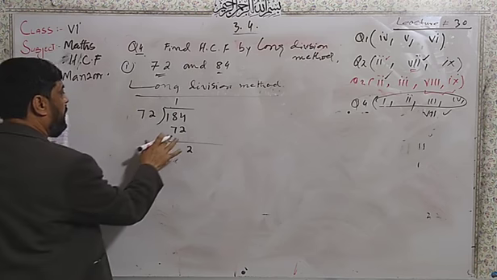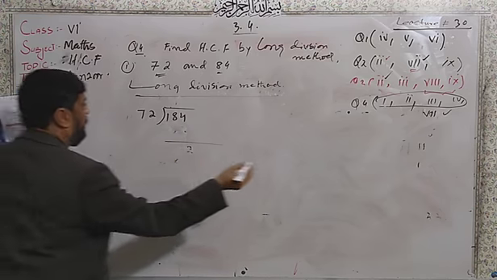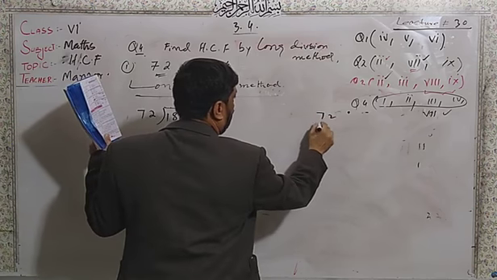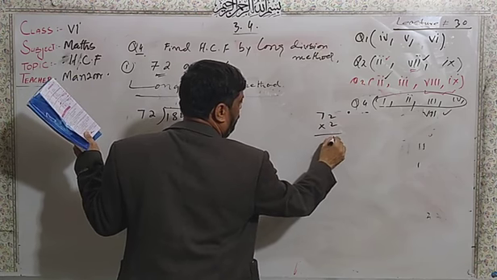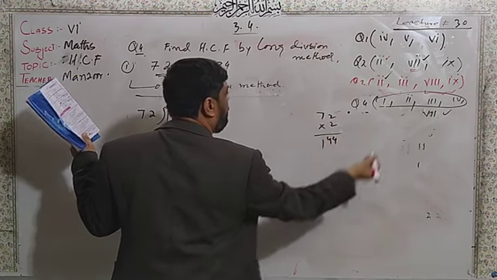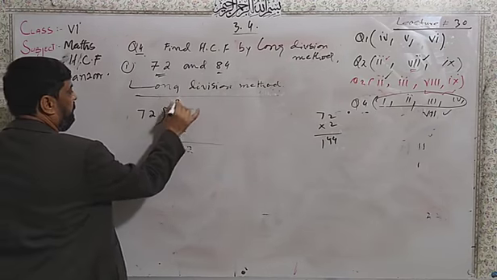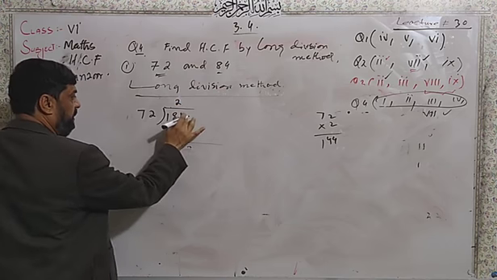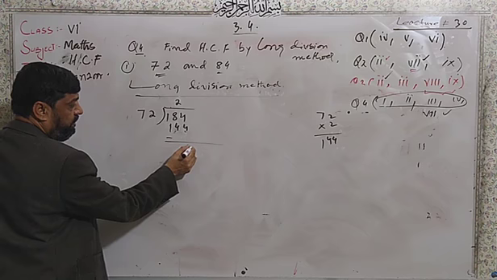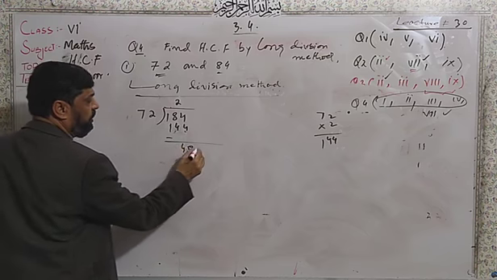Dear students, here I will read the table. 72 into 1 time, no, 2 times: 2 sevens are 14, 2 twos are 4, that is 144. 3 times it will be more, so it will be 2 times. Then I will subtract 144 from 184, it will be 40.